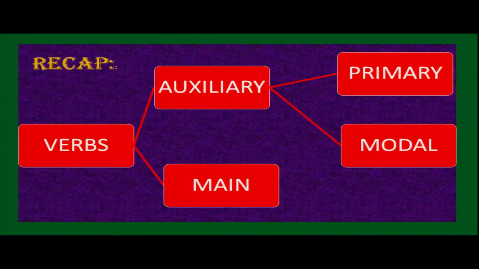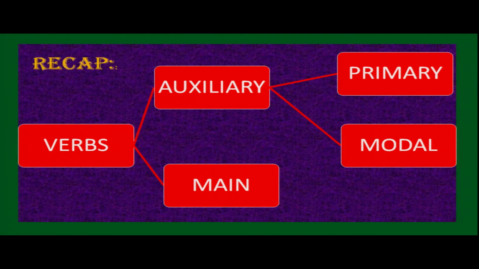Now you see recapitulation of the previous session. It will help you to remind of our discussion and you can remember all these things. We have discussed verbs. Verbs can be categorized under two heads, auxiliary verbs and main verbs.